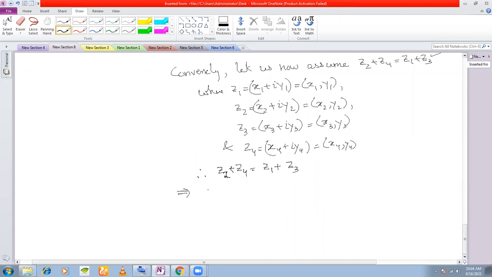Means X2 plus I Y2 plus X4 plus I Y4 is equal to X1 plus I Y1 plus X3 plus I Y3.